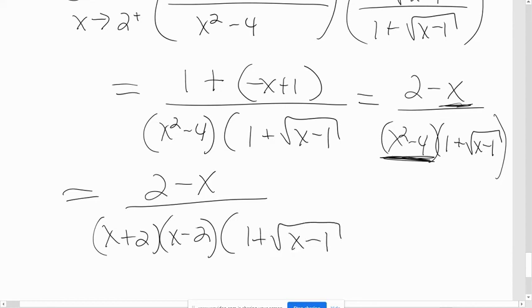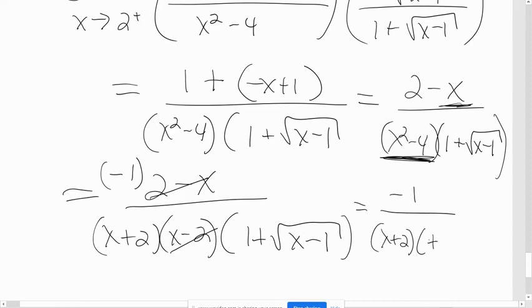All right. Yeah, that's going to work out nice. So the 2 minus x and the x minus 2 are not exactly the same. We can cancel them if we put a negative 1 on top. All right, so I got negative 1 over x plus 2 times 1 plus the square root of x minus 1. All right, yeah, that'll work out much better.